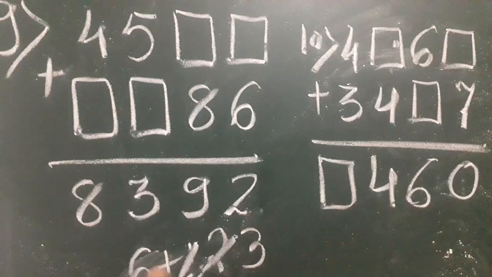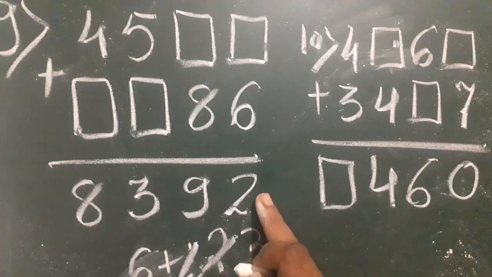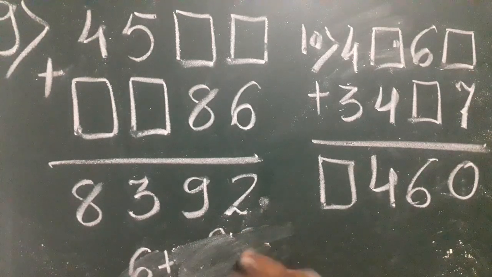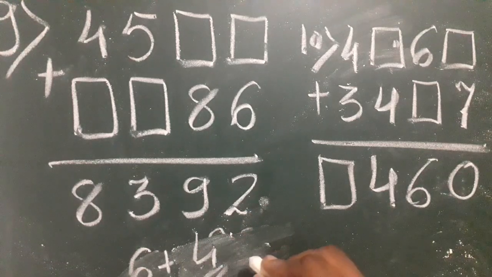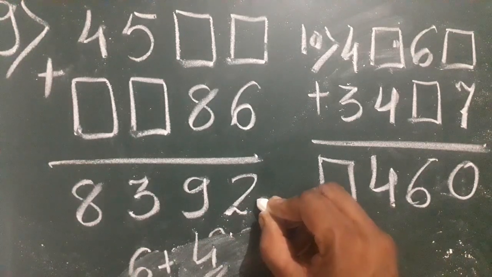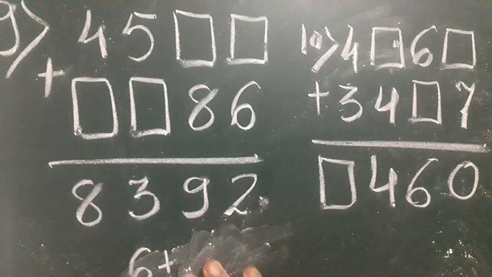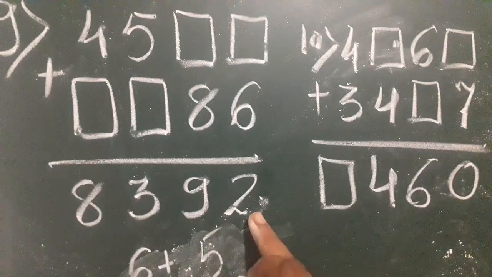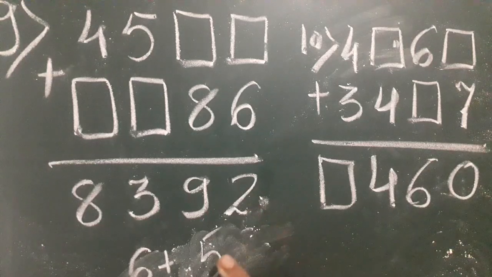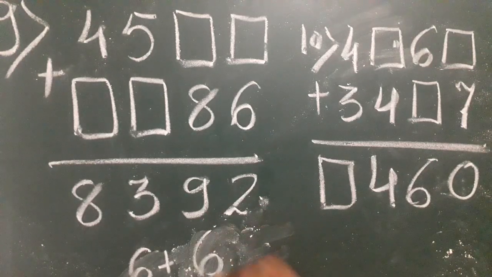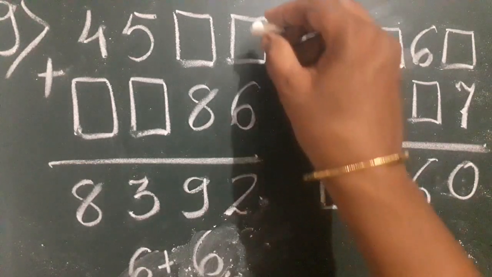Go with 3. 6 plus 3 is 9 which is not here. 6 plus 4 is 10. Then here it should be 0 which is wrong. 6 plus 5 is 11. Then it should be 1 over here. So this is also wrong. When you go for 6 plus 6, then it becomes 12 and the ones place is 2. So 6 is the correct option.